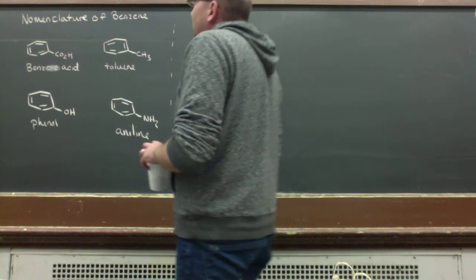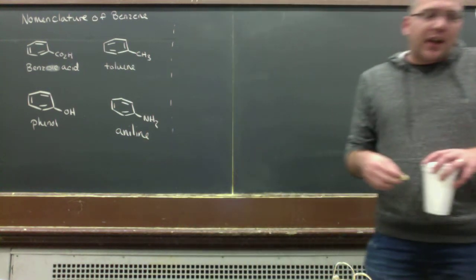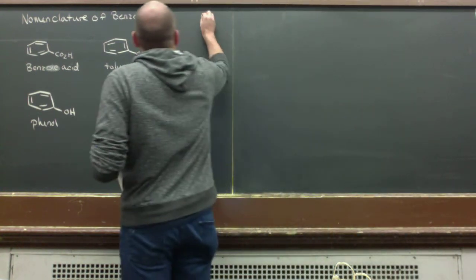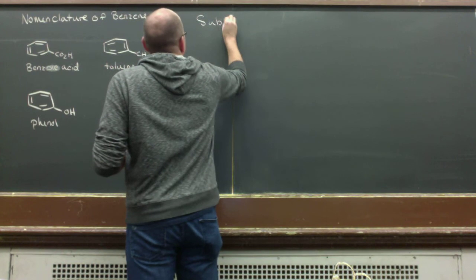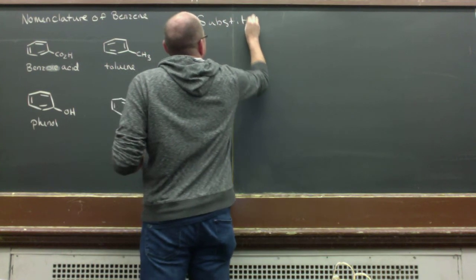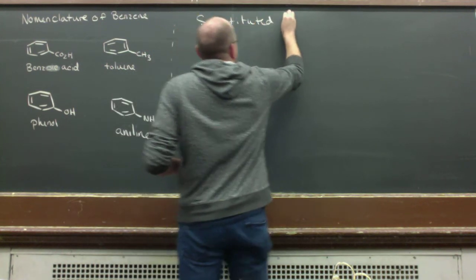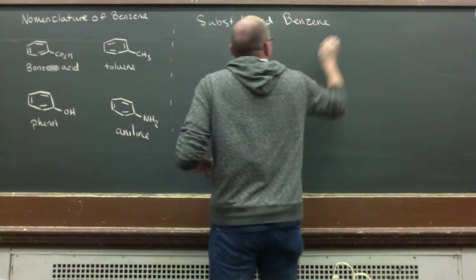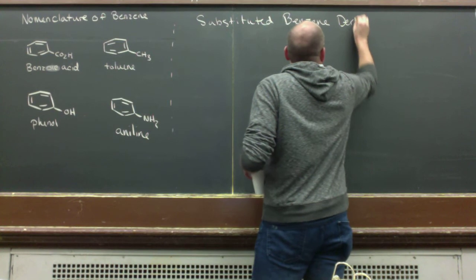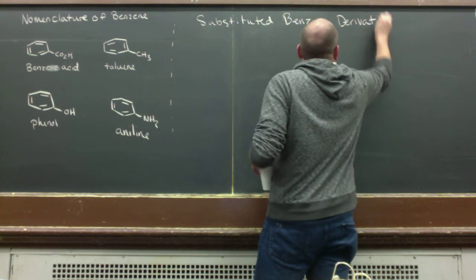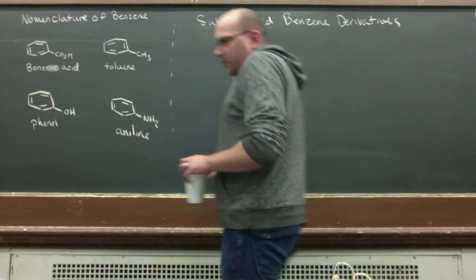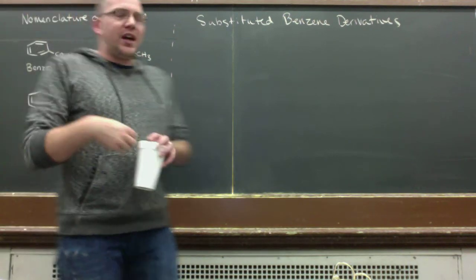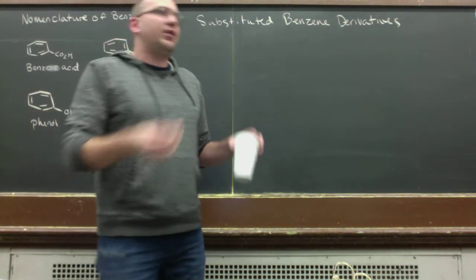All right, once we start getting into substituted benzene derivatives, this is where, if you have molecules with three groups, I don't even really care about this that much, but you can read about this in your book.